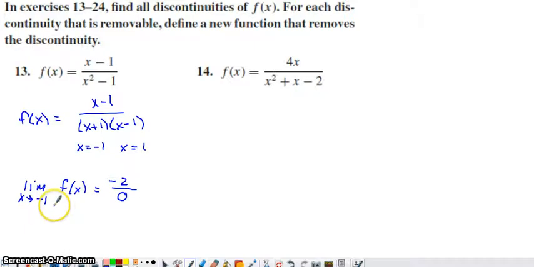We're going to talk more about that when we learn a little bit more about vertical asymptotes in infinity. But this is not an indeterminate form. I'm just going to leave this as is right now and say this limit does not give me a finite y value. Therefore, this is a non-removable discontinuity at -1.